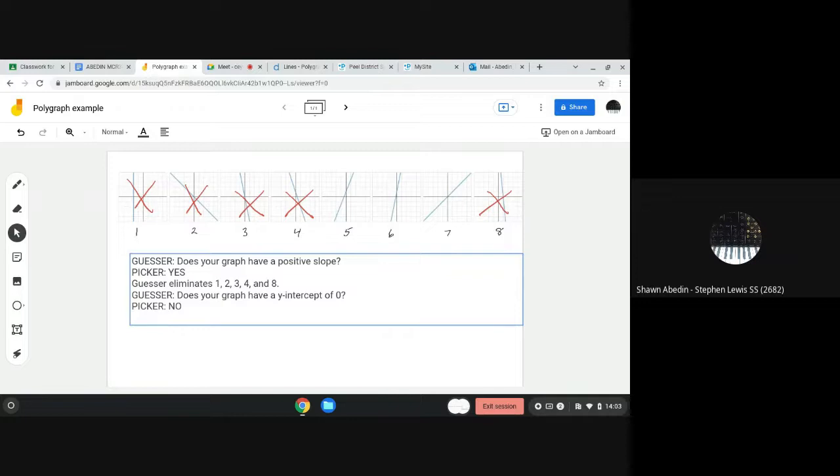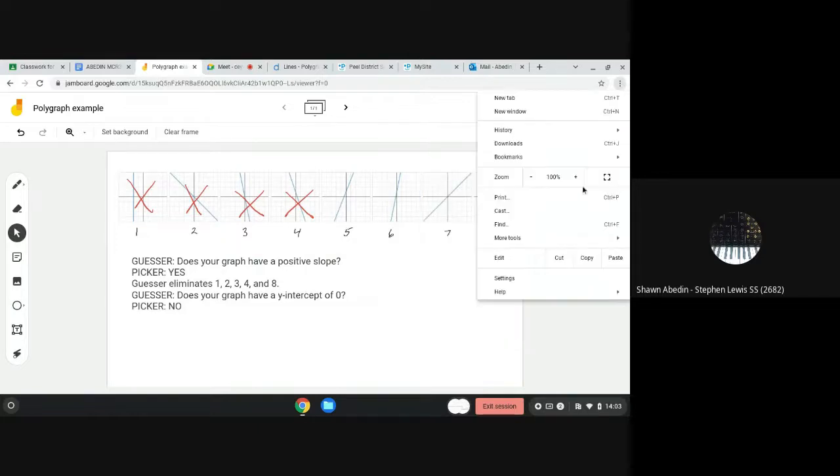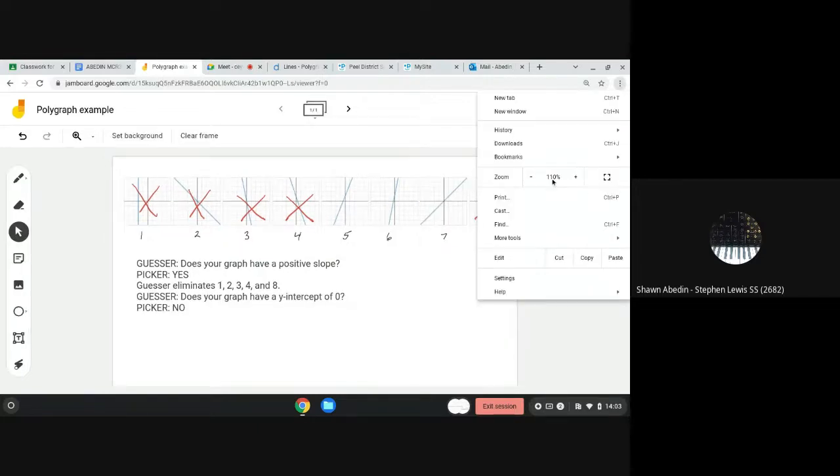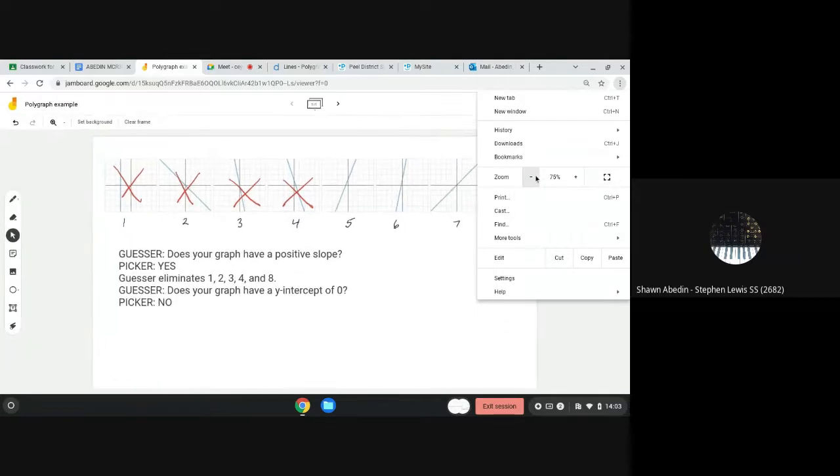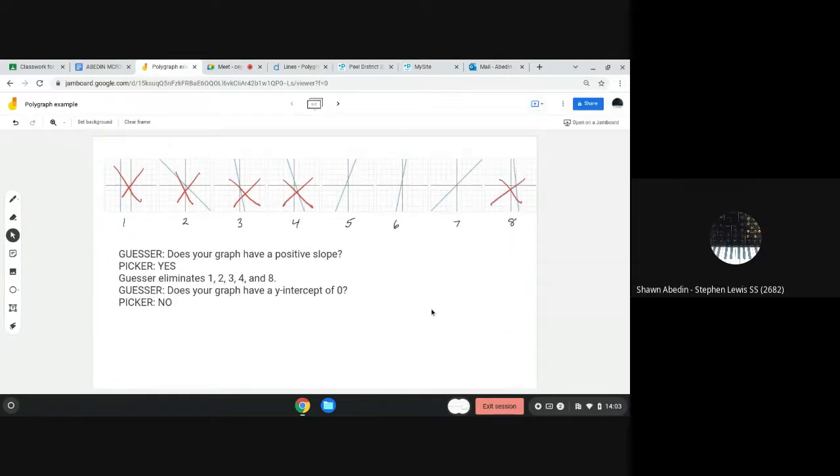So we're going to take a look, and it might be difficult for you to see. Maybe I'll try to zoom in here for you. See if this works for you. But it looks like graph 7 has a y-intercept of 0. Graph 6 does not. And graph 5 also does not.